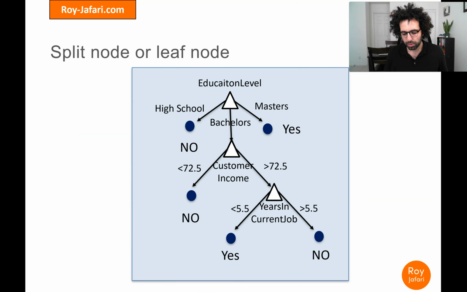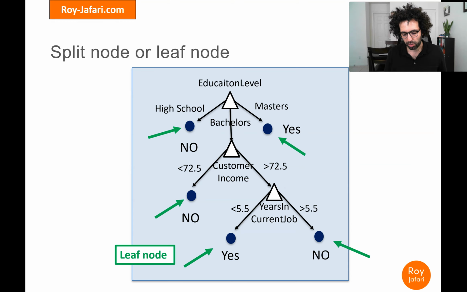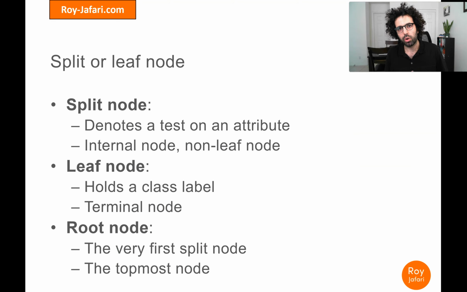So let's learn about what these elements are called. These are called split nodes, the triangle ones, meaning that it's going to split the data. And these are called leaf nodes, meaning that it's the end of the decision tree, like a leaf. It's sort of the product of the decision tree. The split nodes denote a test on your data, meaning that it's going to split your data from a larger set to smaller sets.